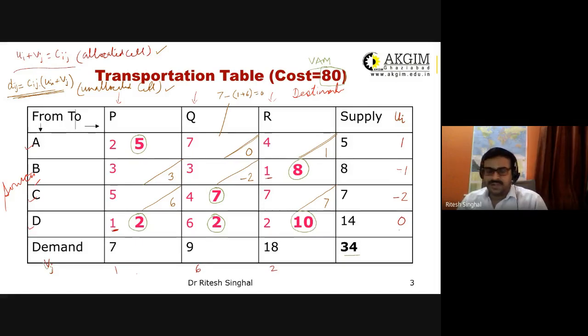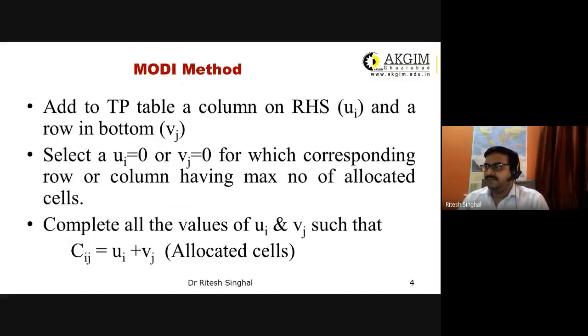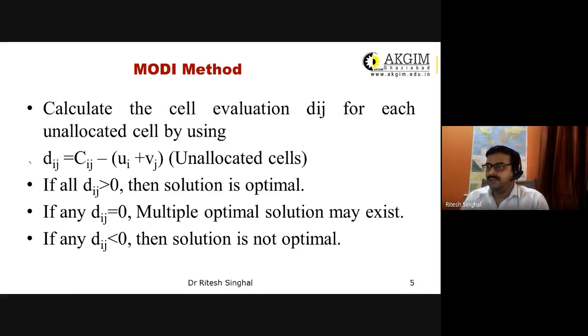Now let's move further. If all Dij are positive, then the solution is already optimal. If any Dij is zero, it means multiple optimal solutions may exist.